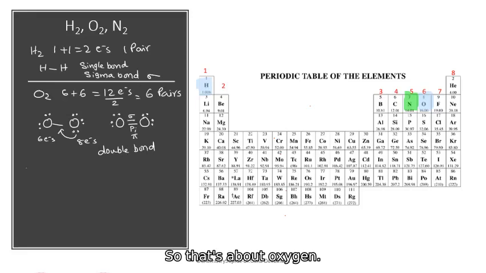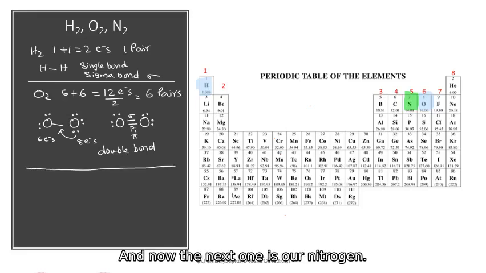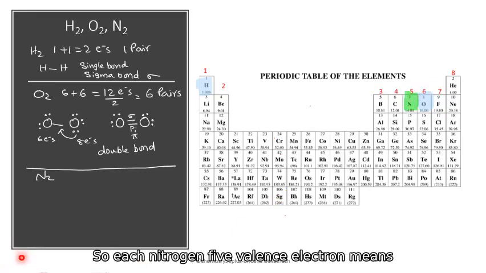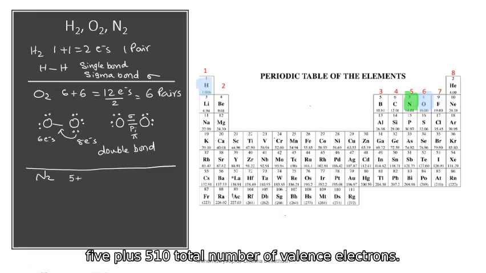That's about oxygen, and now the next one is nitrogen. Where is nitrogen? Nitrogen is in the 15th group. So how many valence electrons? We will have 5 valence electrons for nitrogen. Each nitrogen has 5 valence electrons, so 5 plus 5 is 10 total valence electrons.